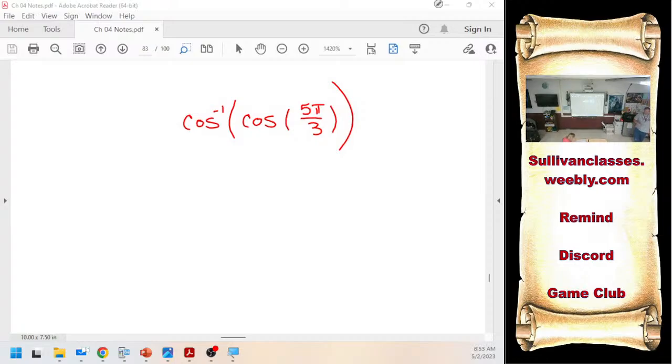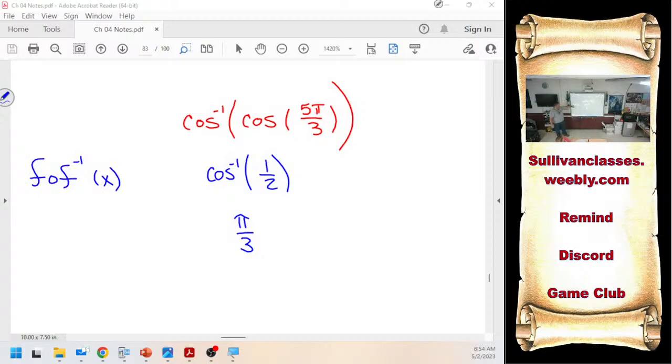Plain cosine isn't. Well, the range will be from -1 to 1, but domain is not restricted. I can go to 5 pi over 3. What is the cosine of 5 pi over 3? But then if I do arc cosine of 1/2, where do I have to look? I have to look up in quadrants 1 and 2, and I'm going to get pi over 3 instead of 5 pi over 3.